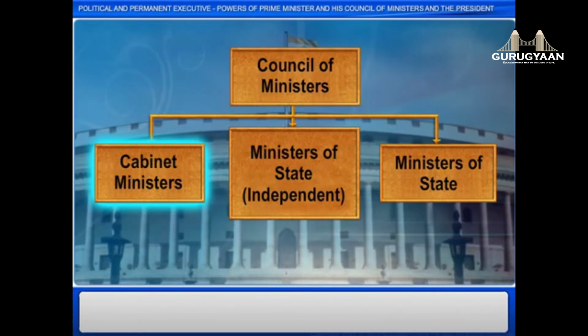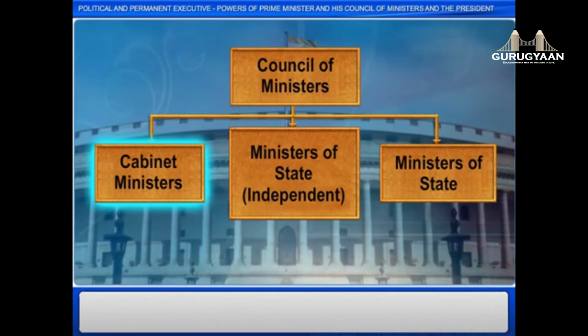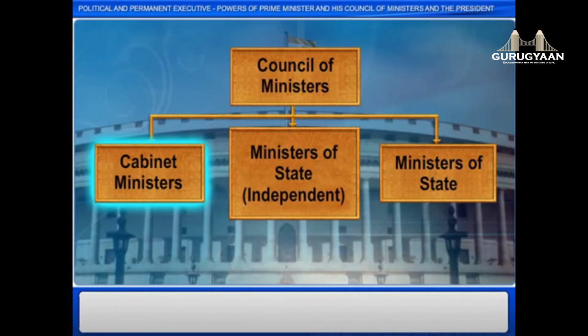A cabinet minister may also hold additional charges of other ministries where no other cabinet minister is appointed. The cabinet is the internal ring of the Council of Ministers. It consists of around 20 members.